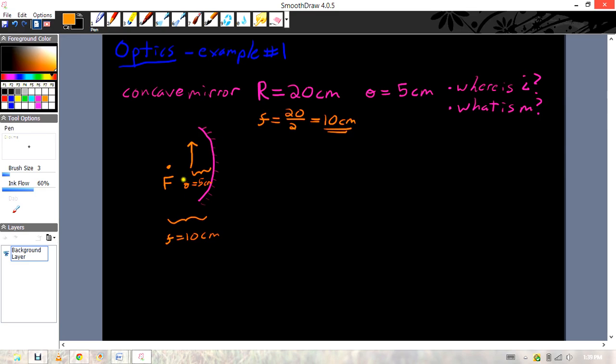The picture is necessary only for one thing, and that is to remind us that a concave mirror is, drum roll, convergent. Therefore, the focal length is positive.